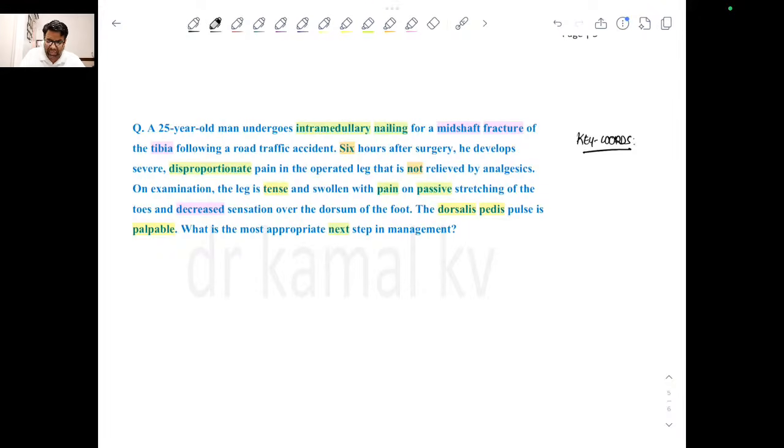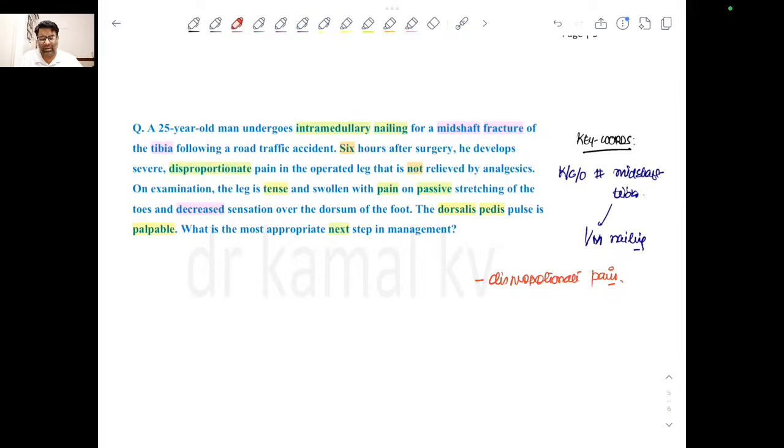Very characteristic presentation. This is a known case of fracture mid-shaft tibia, managed by intramedullary nailing. Now what has happened, there is disproportionate pain, meaning the patient will shout, and we are unable to understand why he is shouting so much. The surgery has already been done, and post-operatively yes, there will be some pain, but there is no point in shouting for that pain.